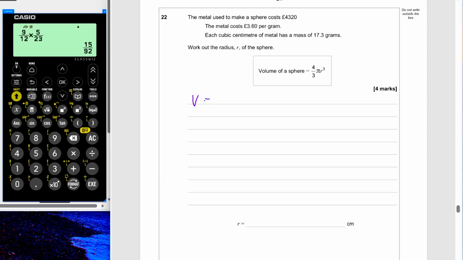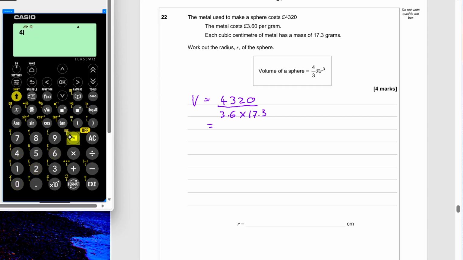and the grams per cubic centimetre. So what I'm going to do is the total cost divided by the cost per gram, times by the mass per centimetre. So times by 17.3. Right, so that's going to give us 4,320.